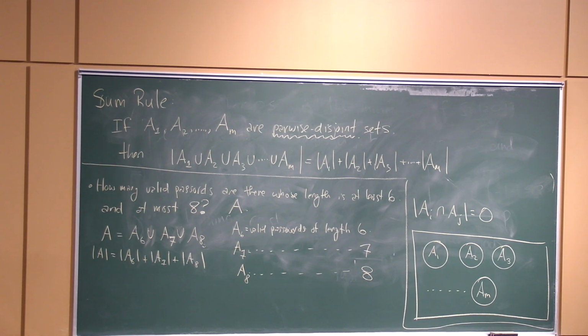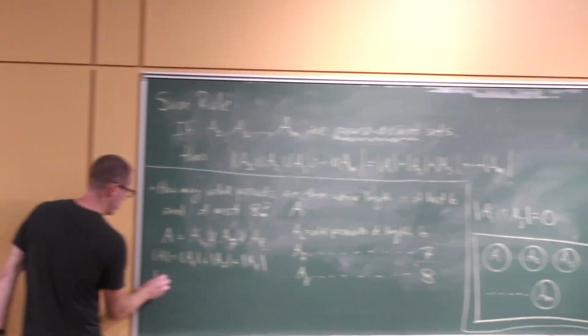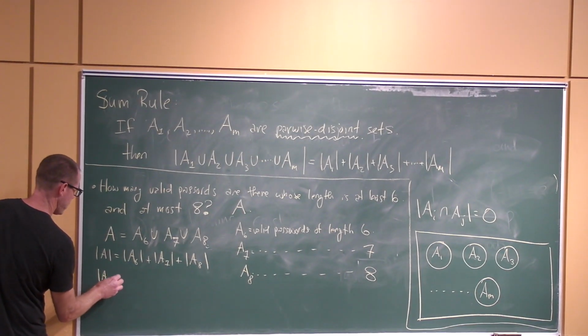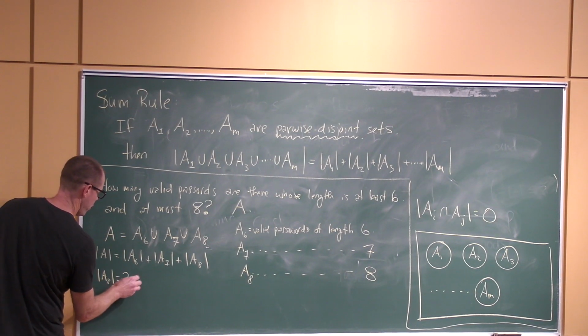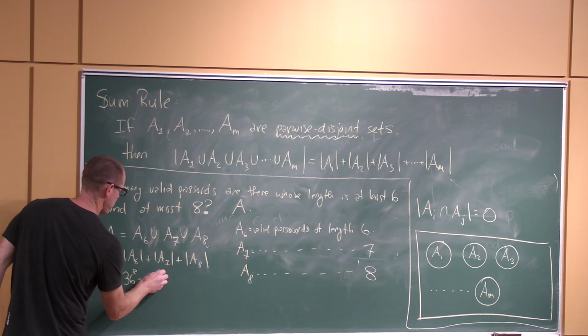We've already seen how to compute the size of A8. That's this calculation here. Size of A8 is equal to 36 to the 8 minus 26 to the 8.